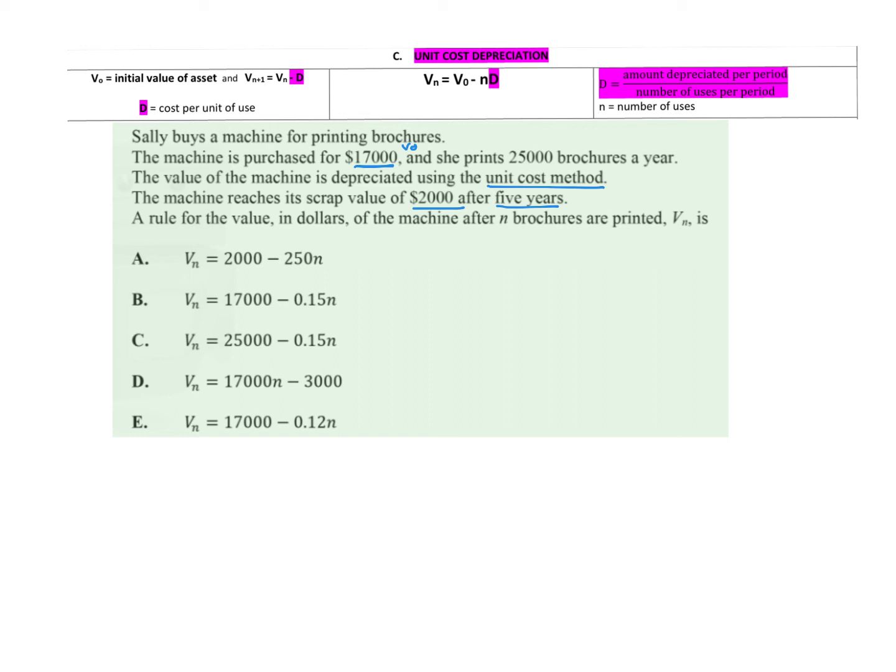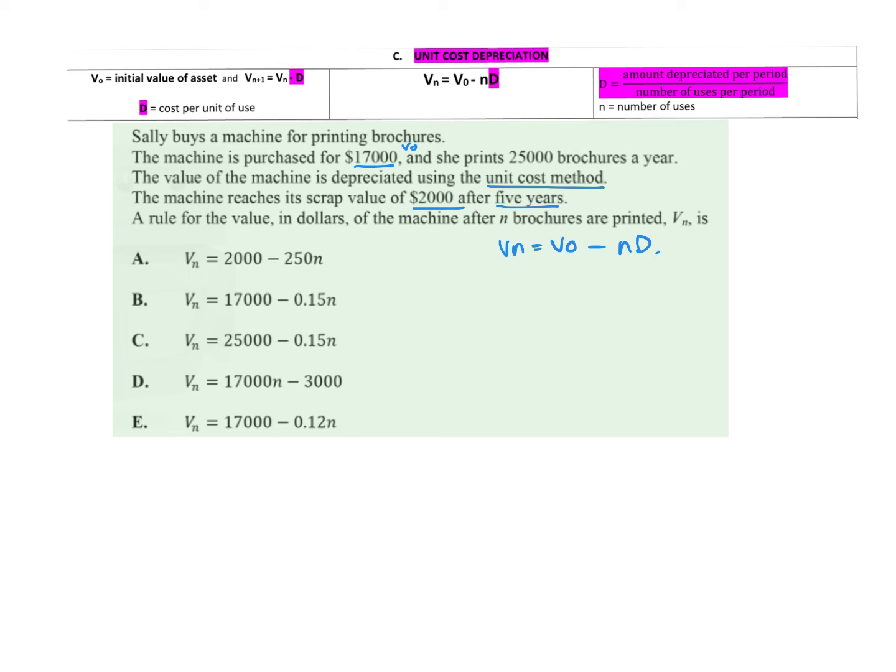Okay, so the rule for the value of the machine after n brochures are printed is, so we need the Vn rule. So the Vn rule is V0 minus n times D. So we need a few things. We don't know what the D is. But let's have a look.